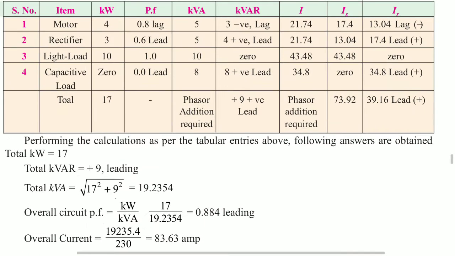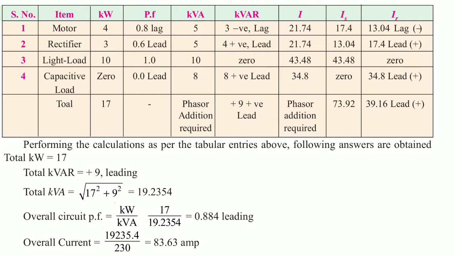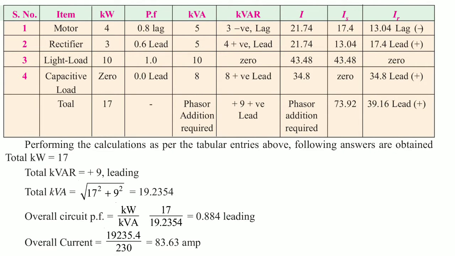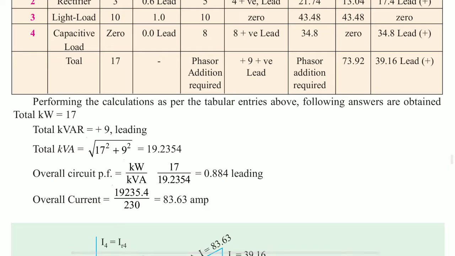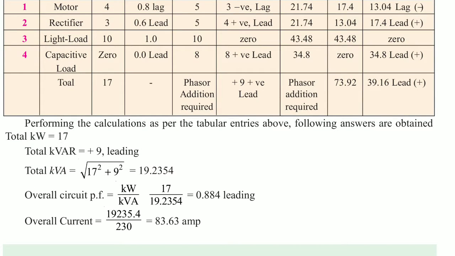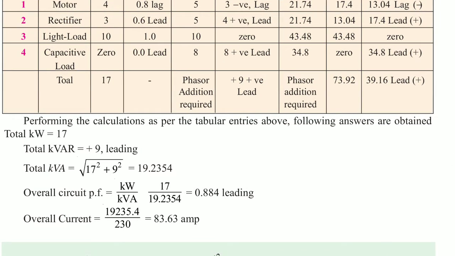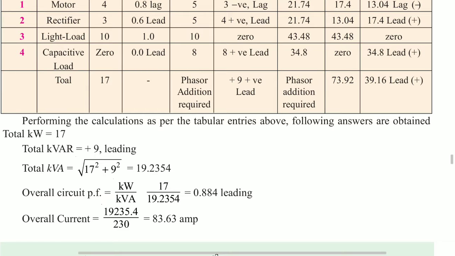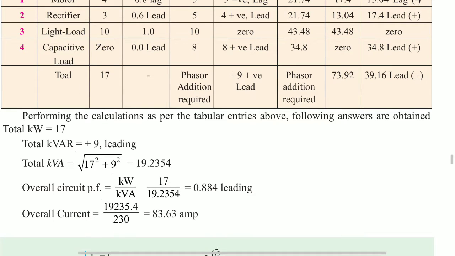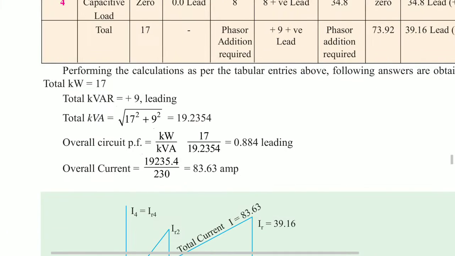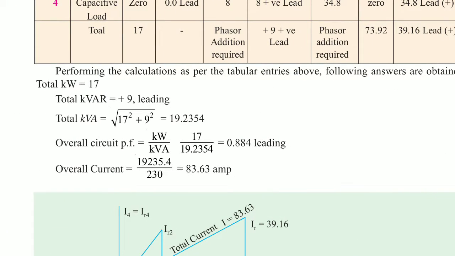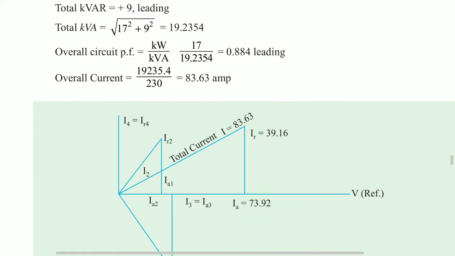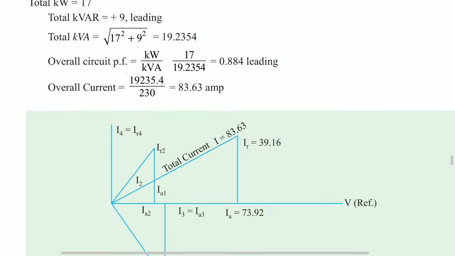So the total kVA is the square root of 17 squared plus 9 squared, which gives 19.2354. The overall circuit power factor is kW by kVA, that is 17 by 19.2354, which gives 0.884 leading. Now the overall current is 19235.4 divided by 230, which gives 83.63 amps.